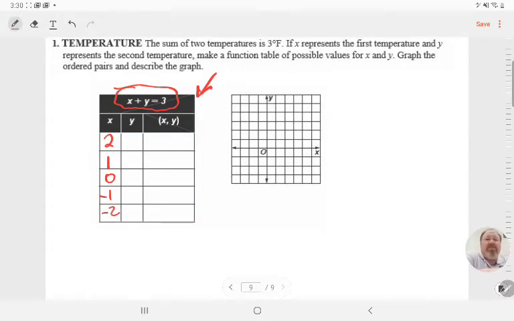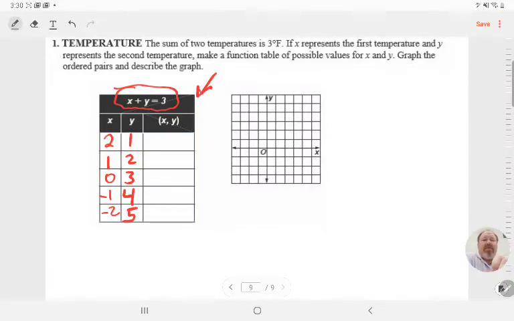So if I use those numbers, then I know y would have to be 1, because 2 plus 1 is 3. Y would have to be 2, because 1 plus 2 is 3. If 0 is x, 3 would have to be y, because 0 plus 3 is 3. If x is negative 1, it would have to be 4, because negative 1 plus 4 is 3. And if it's negative 2, it would be 5, because negative 2 plus 5 is 3.